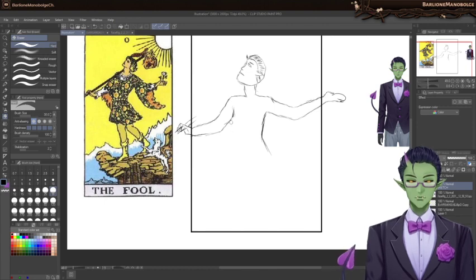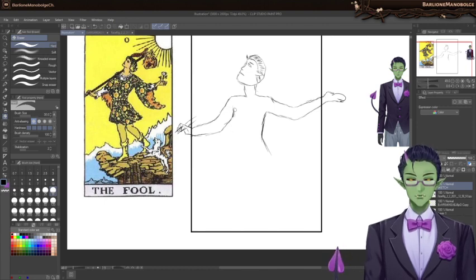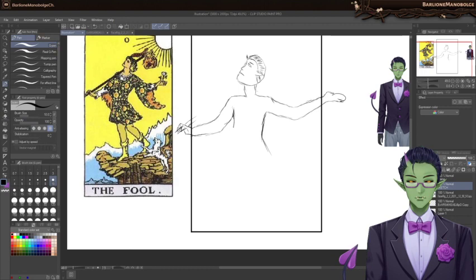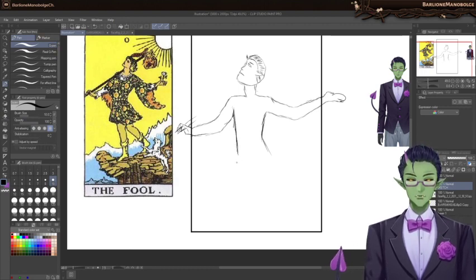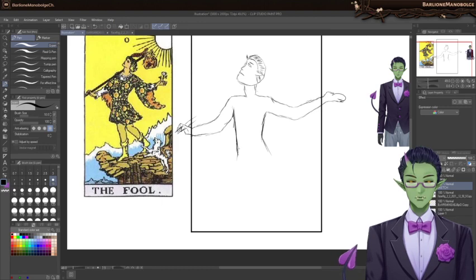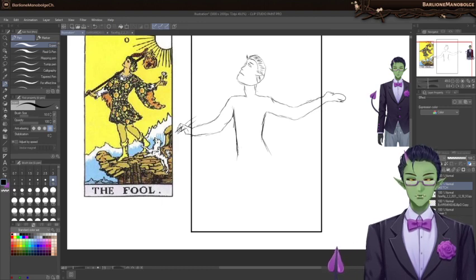Suppose I'll try to emulate that. Suit jackets do tend to be fairly constricting. The pose is certainly difficult.